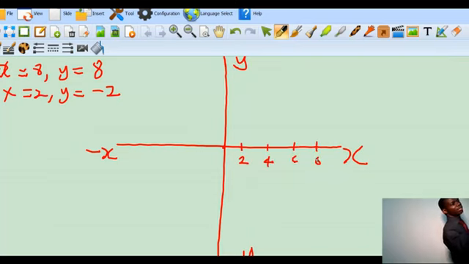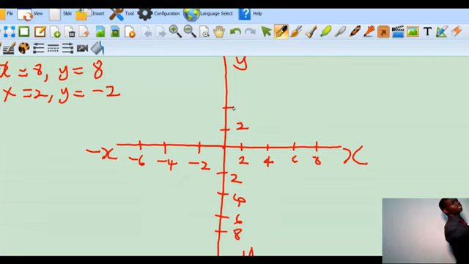Now, in picking your scale, make sure that it conforms with the values you obtained for your x and y, for both conditions. Minus 4, minus 6, and this is 2, 4, 6. Make sure that you have the same scale for the x and y axis.